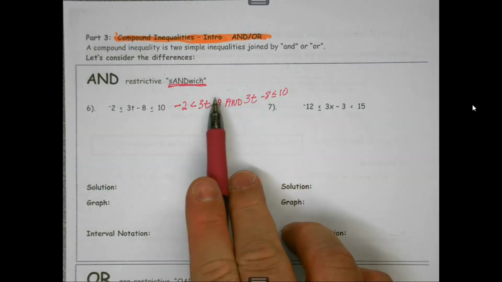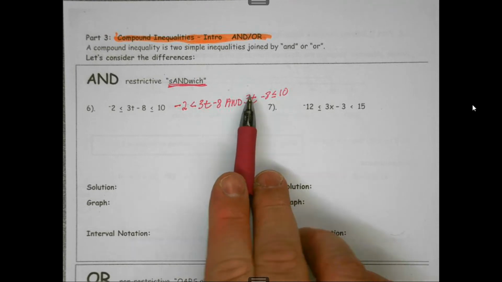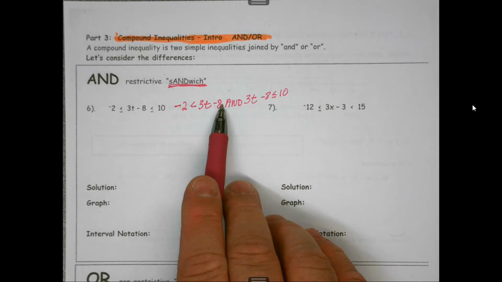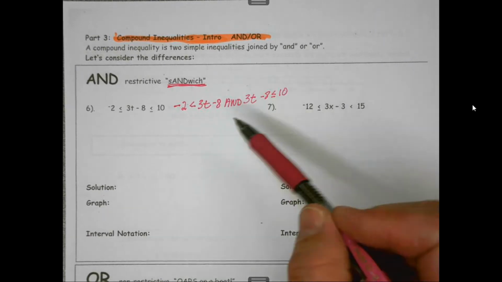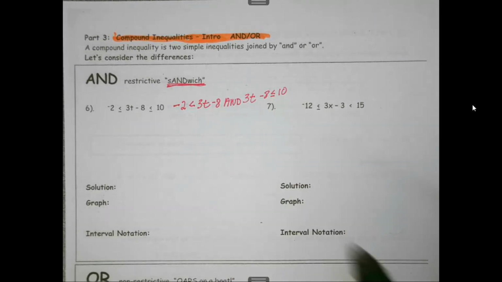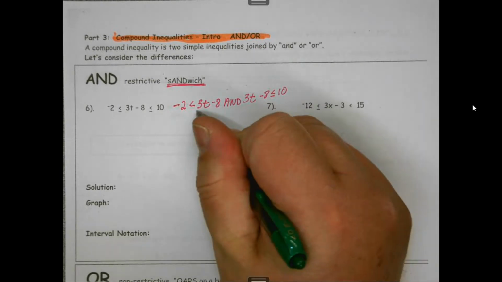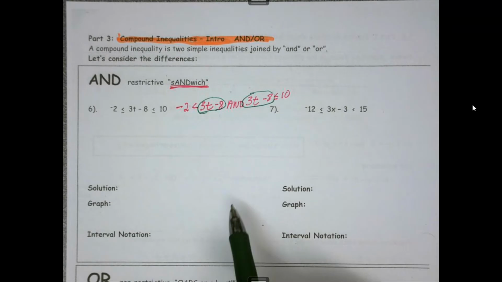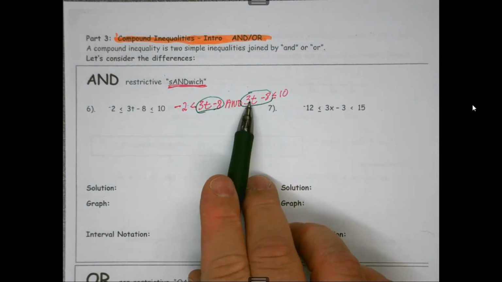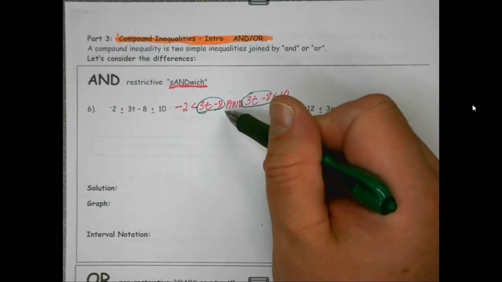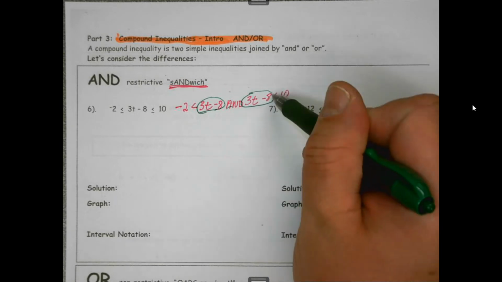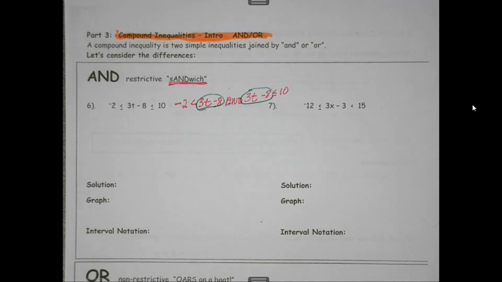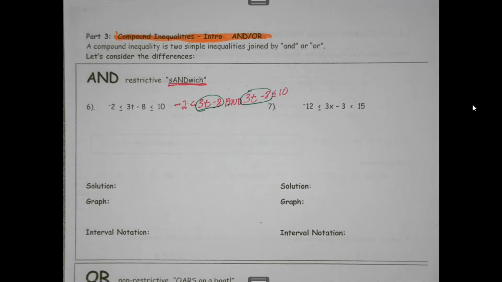Now, we can actually shorten "and" statements by squeezing them together because this is the same number. So we could actually just put one of these in there, and what it does is eliminate one of the 3t minus 8s. You can only do this with "and" statements.